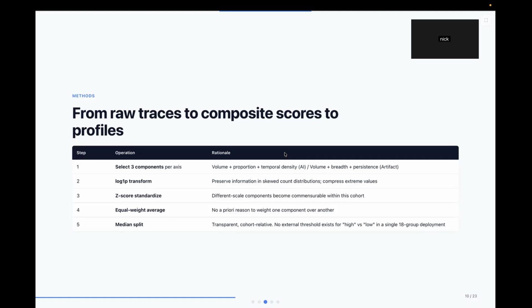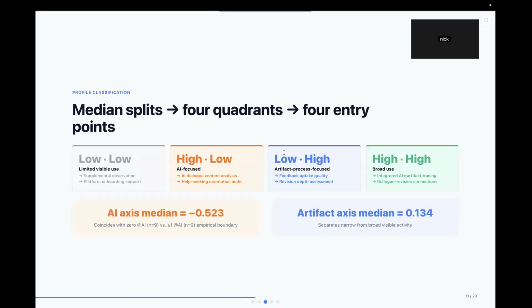We don't use a very complex way of analyzing. So after we combine the two, we make the two dimensions together, we will have four different ways of using the system, which are low, low, high, low, low, high, and high, high.